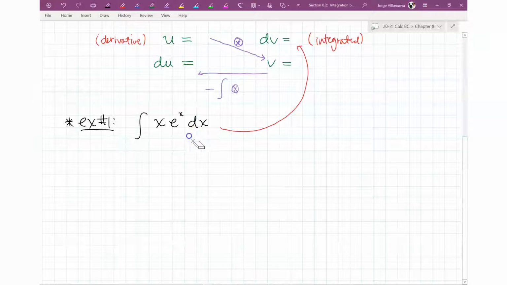So I'm not worried about the dx part. I'm just thinking about x and e to the x. And I'm going to ask myself, is there a function that I can take a derivative of that makes it disappear? So which one can I take a derivative of that will make it disappear? Is it x or e to the x?